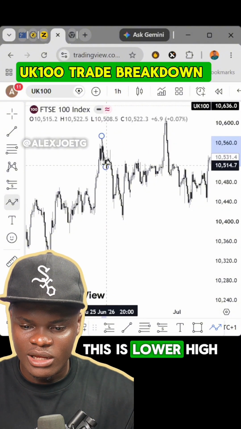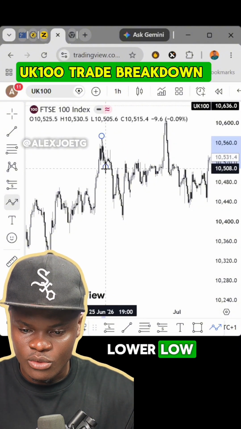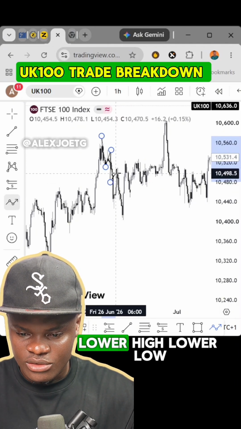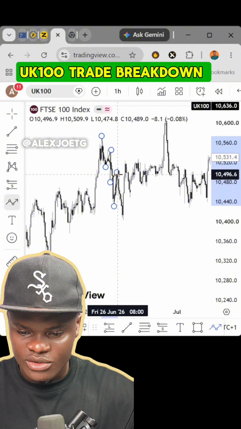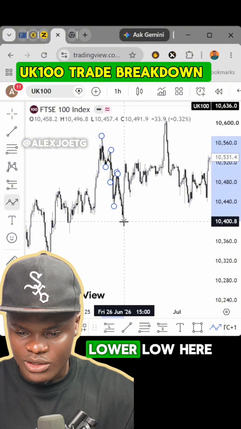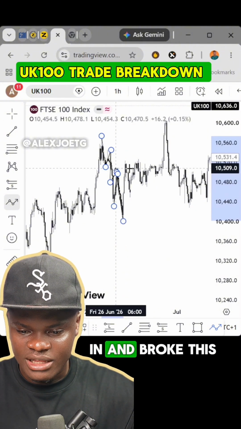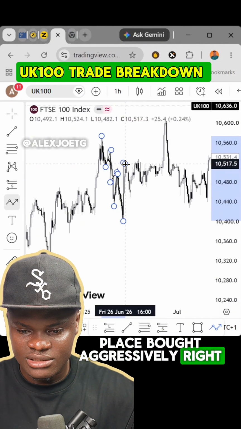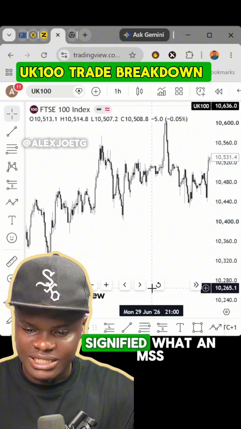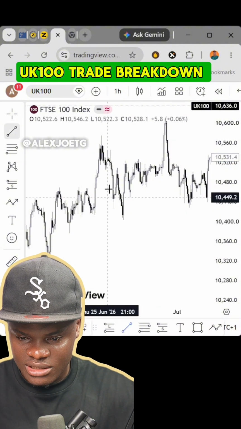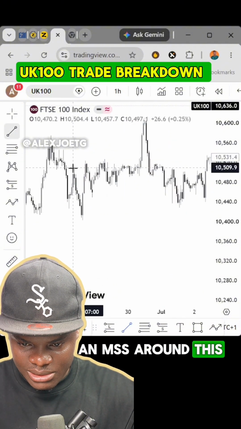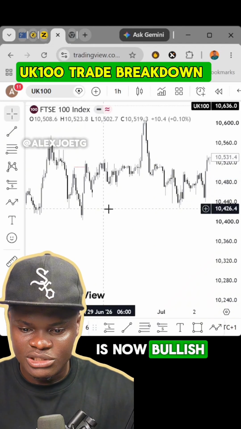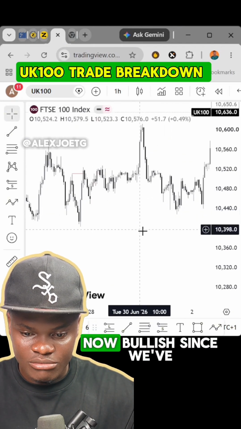This is lower high, lower low, lower high, lower low, lower high, lower low, and then the market came in and broke this place, bought aggressively, right? So this buying now signified what? An MSS around this place. So the market is now bullish. You understand? The market is now bullish.